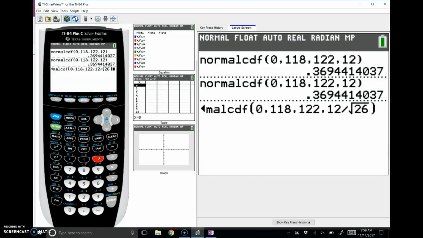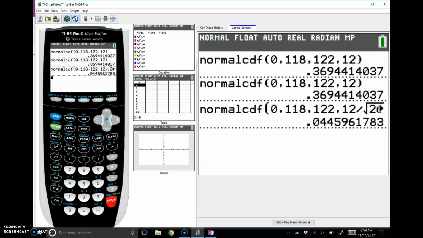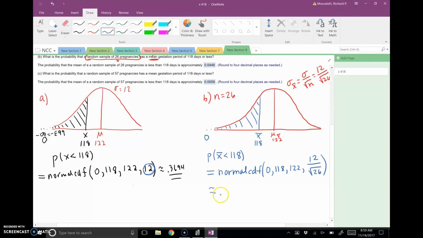So notice how the probability changes drastically. 0.0446 approximately. Now the answer that my MyMathLab gave is exactly that. So there was no errors there for the rounding. The z-scores must have been very close in terms of the two decimal approximations.